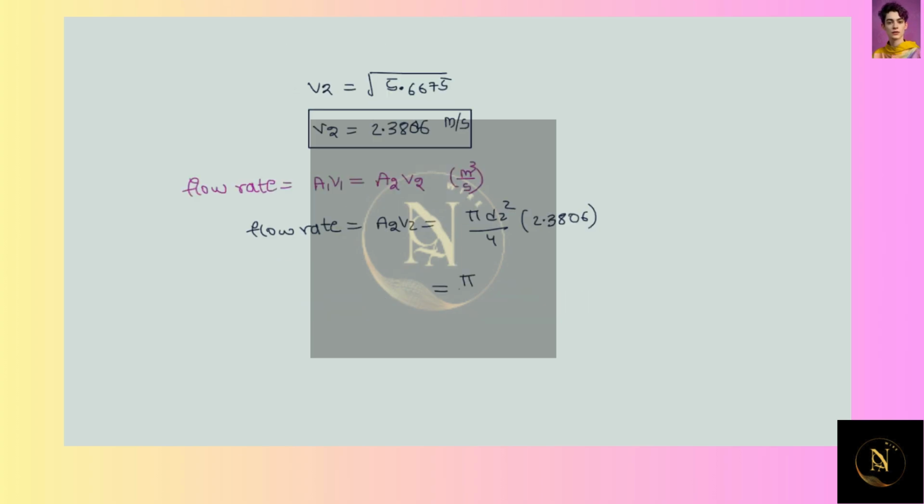That is pi divided by 4, we know the D2 value, 0.591 whole square, times 2.3806. On simplification we get 0.653 meter cube per second.